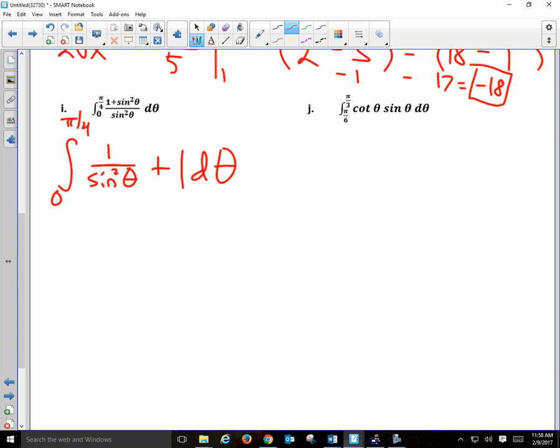What is 1 over sine squared? Starts with a c. Cosecant. The integral from 0 to pi over 4 of cosecant squared of theta plus 1 d theta.